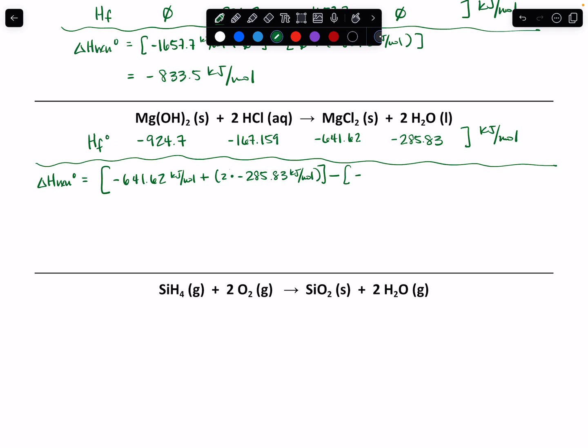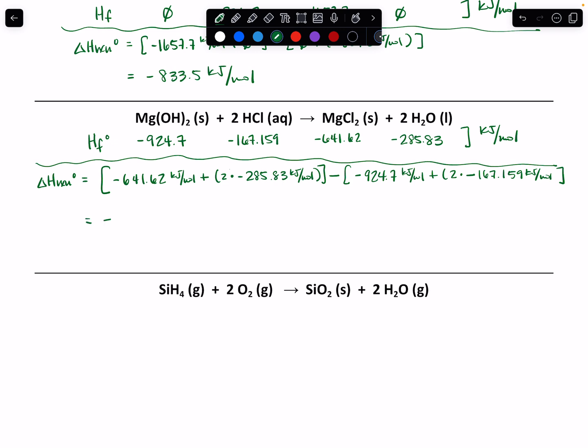Only 1 magnesium hydroxide, so negative 924.7, and then plus 2 times negative 167.159 kilojoules per mole. So I take my products, 641.62 plus 2 times 285.83.